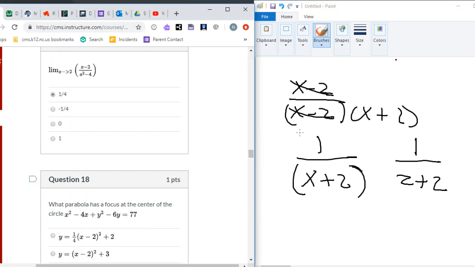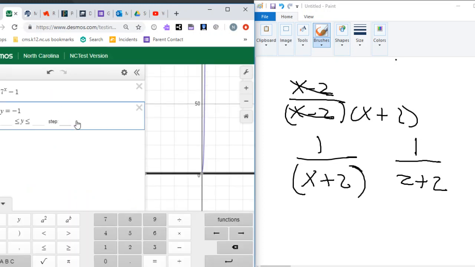Also, the Desmos technique, as usual for these types of problems, is you just plug in the function and evaluate to the left and the right. So x minus 2 over x squared minus 4.